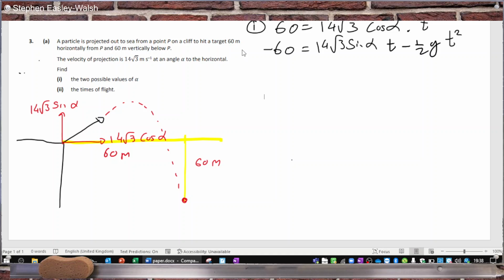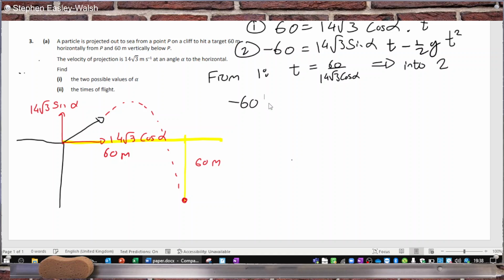So that's the second equation. So from 1, you can say t equals 60 over 14 root 3 cos alpha, and you sub that into 2.